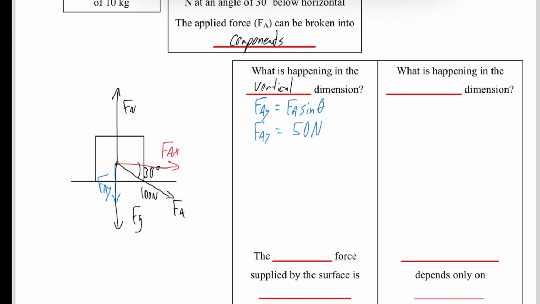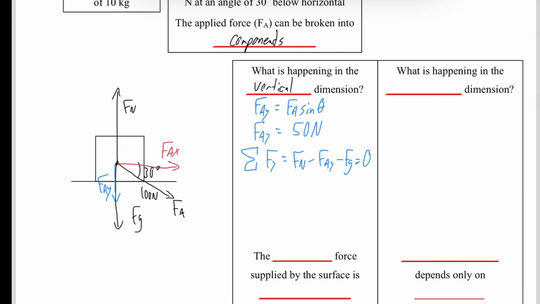So now we can take a look at our sum of forces. We will add up all of the forces in the Y direction. The only one in the positive direction is Fn, so that'll be our only positive number. We'll subtract FAY and FG. Now what we'll also see is it's not sinking into the ground, it's not flying up into the air, so it's equal to 0. So now we can rearrange to get the normal force by itself.